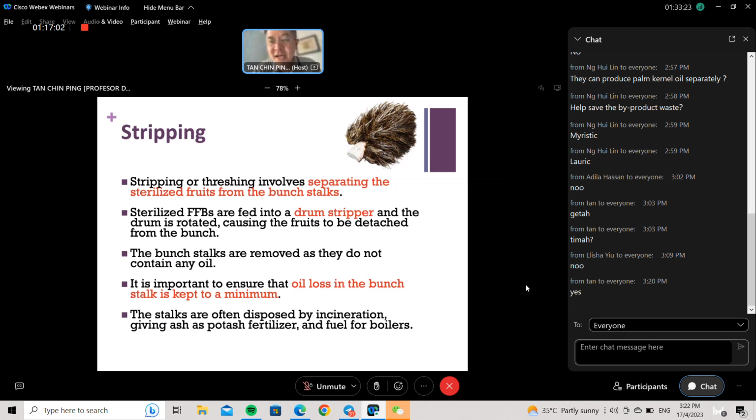Sometimes, depending on the age of the mill, let's say the mill has been running for years, you will see it piled up, sometimes even like a mountain, higher than the factory itself. But now you hardly see a single EFB in any mill.